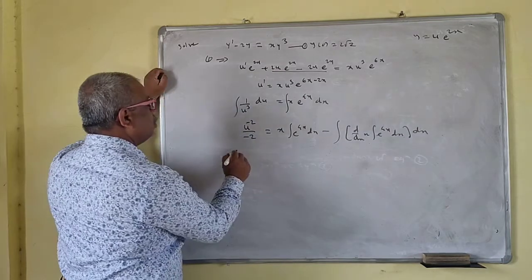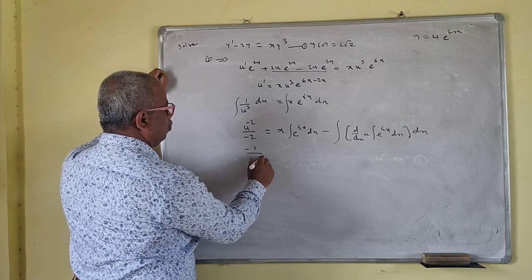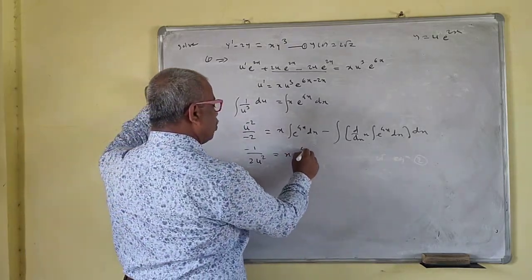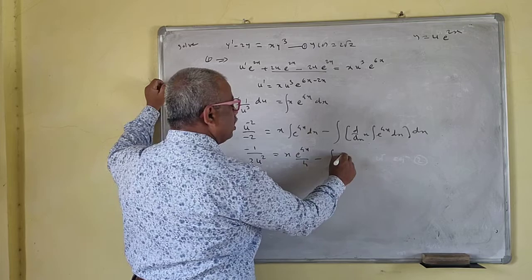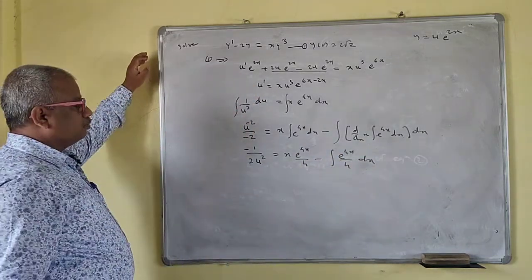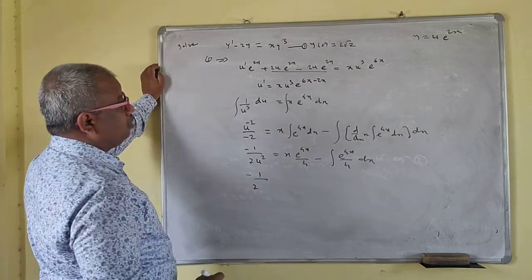We'll do it neatly. So this is minus 1 upon 2 u squared equals x e raised to 4x upon 4 minus e raised to 4x upon 4 dx.